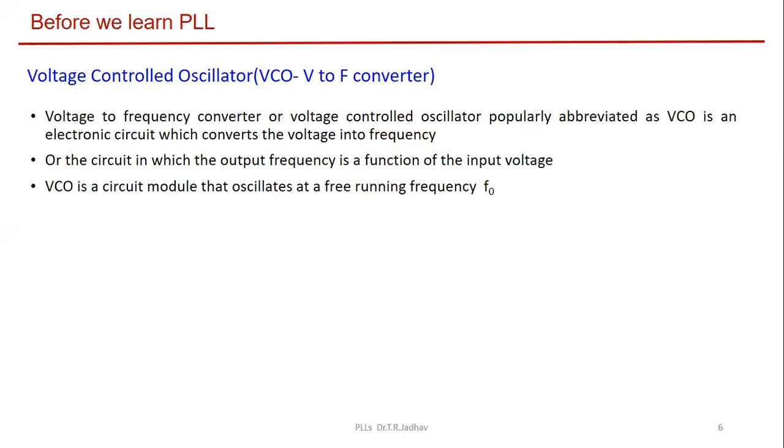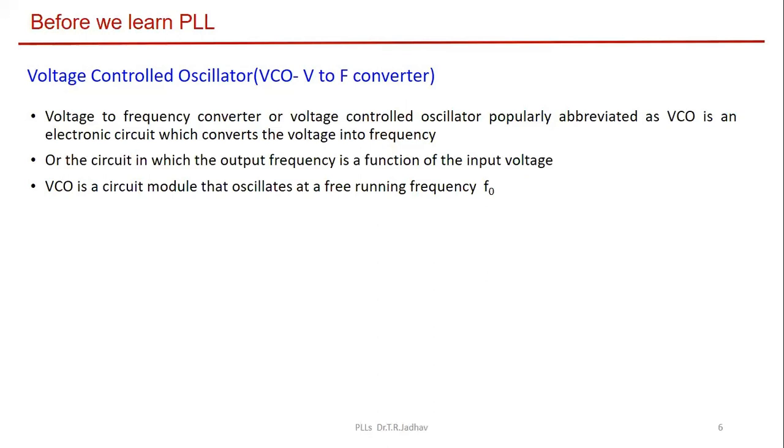As I was talking about the frequency of oscillations, every VCO will have its own frequency based on its resistance and capacitance. We call that frequency the free running frequency, and the notation we are using here is F0.